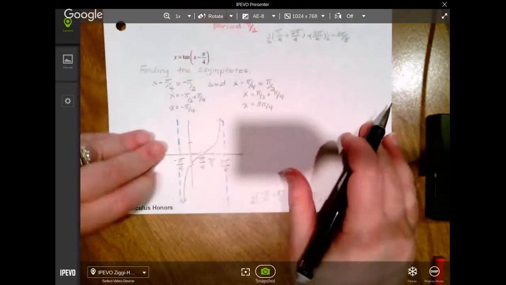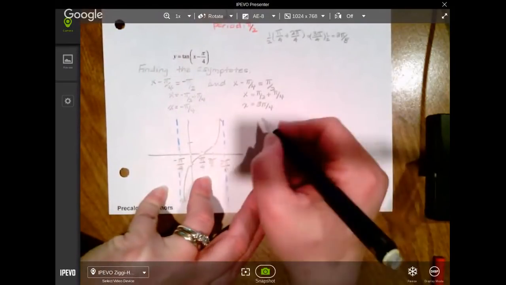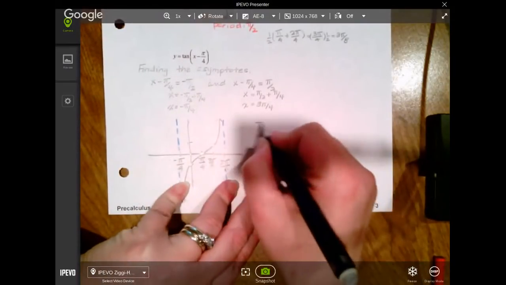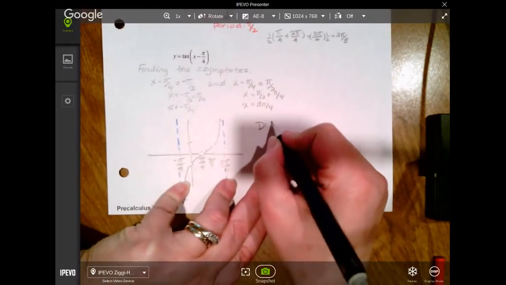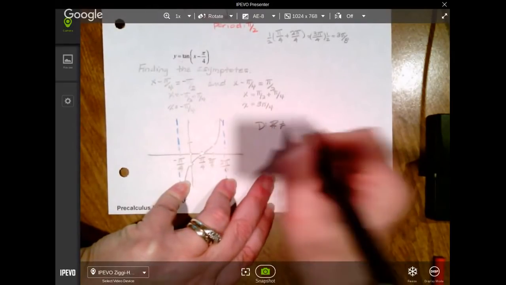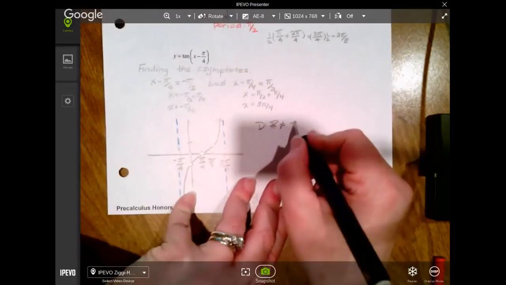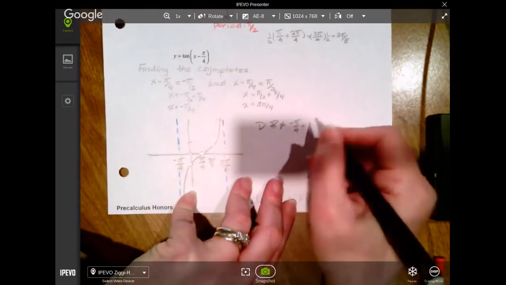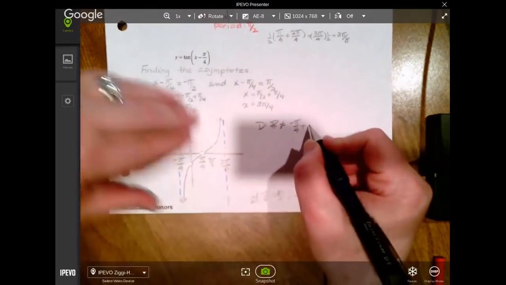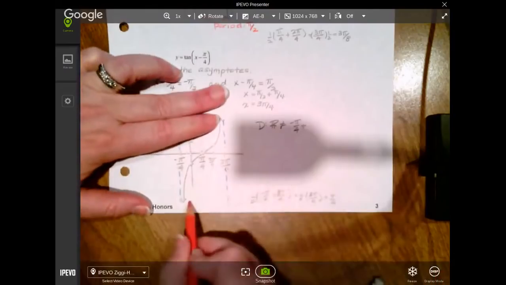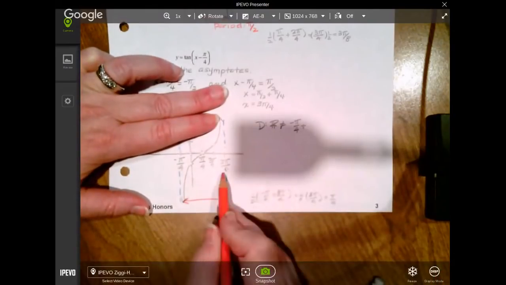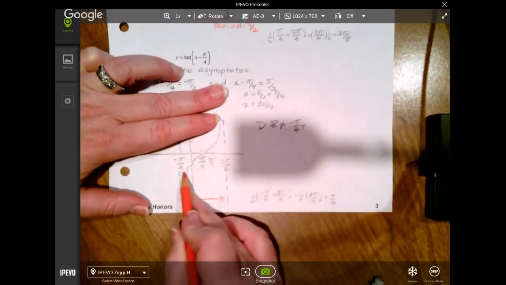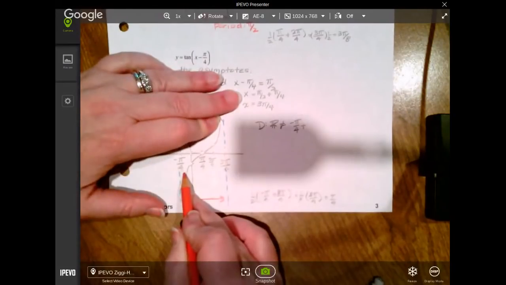All right, and let's write the domain down. The domain is going to be all reals not equal to, let's choose an asymptote, negative pi over 4 plus, how far apart are the asymptotes? That's going to be the period, so let's figure that out. I have 3 pi over 4 minus negative pi over 4.